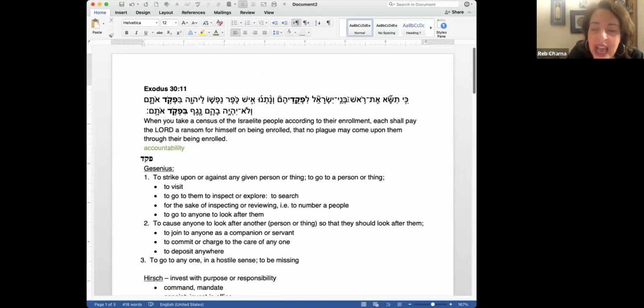When you lift up B'nai Yisrael and you're actually going to count them, and you're lifting them up to do that count, what is being lifted up? Here it says, according to their enrollment, according to their, what if it means according to their capacity to suddenly become accountable?